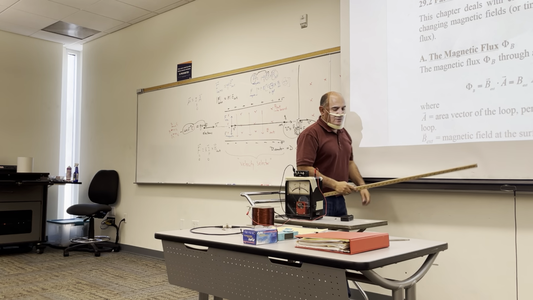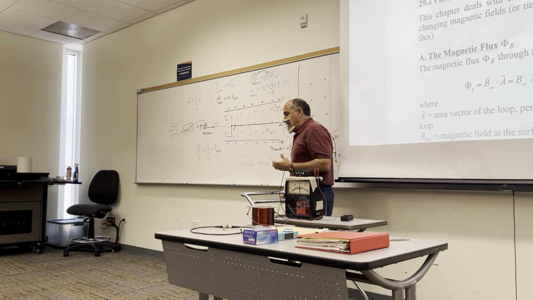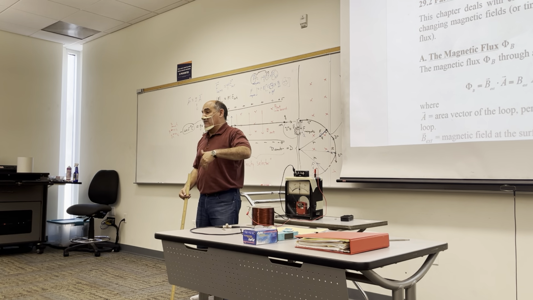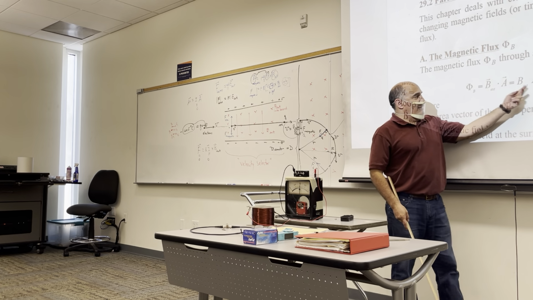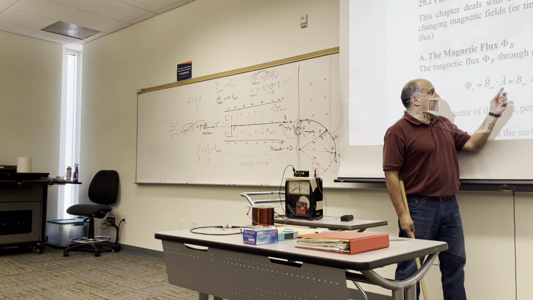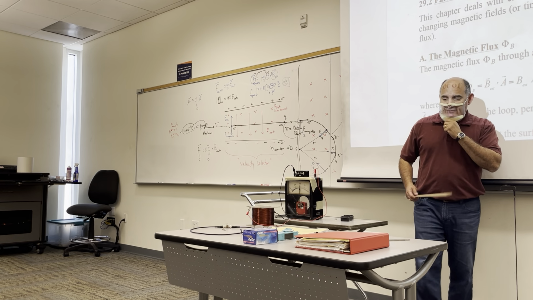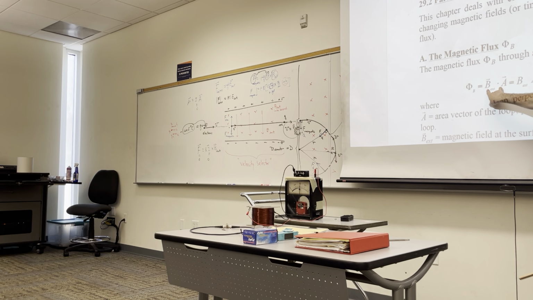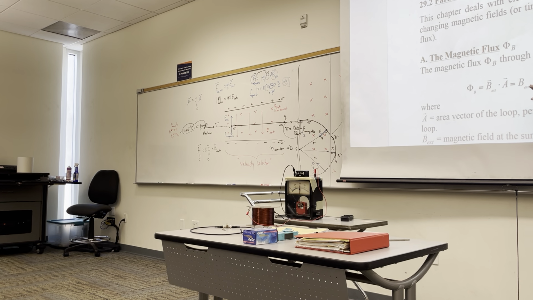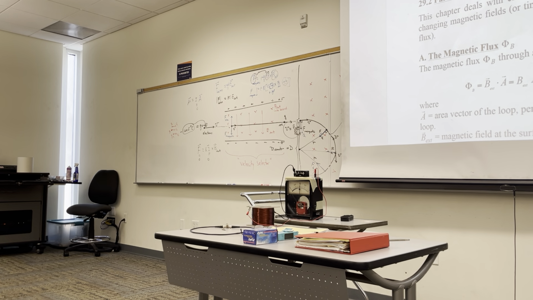So that's the definition of magnetic flux. It's just the dot product between the external magnetic field that the loop is in and the area vector for the loop. But because the dot product also contains the cosine of the angle between the area vector and the magnetic field, you could also express magnetic flux as the magnitude of the external magnetic field, times the magnitude of the area vector of the loop, times the cosine of the angle between them.